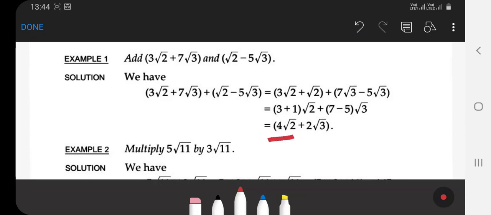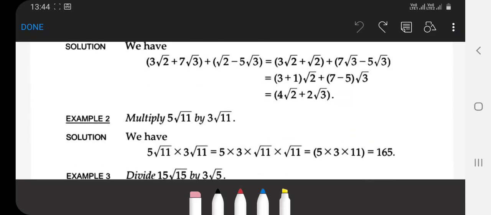Here root 3 is the common factor, so 7 minus 5 is equal to 2. The answer is 2 root 3. The final answer is 4 root 2 plus 2 root 3. In this way, first find the common factors, then either add or subtract.